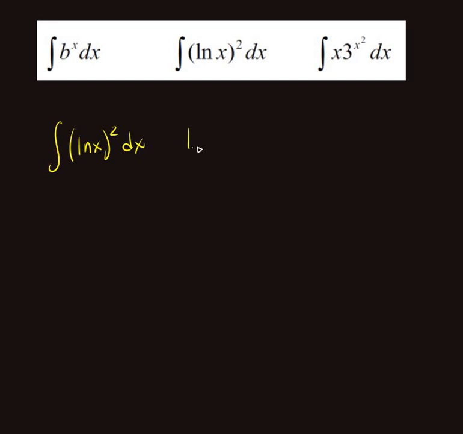Well, let's say let u be equal to natural log of x squared. du is going to be, what's the derivative of this? You drop the 2, you leave the natural log alone, and now you do the derivative of natural log, which is 1 over x, right? So this one would end up being something like 2 natural log of x divided by x dx.